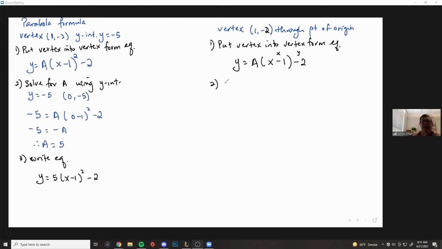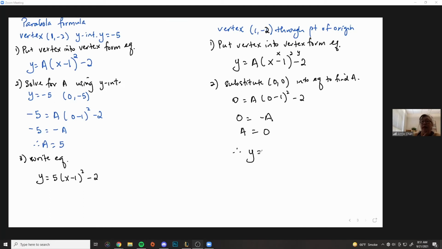Then again, you're going to substitute the point of origin, which is 0, 0, right? Into the equation to find A. So 0 equals A times (0 minus 1), oops, squared minus 2. 0 equals, negative A is equal to 0. So therefore, your equation is y equals, this would not be a good one.